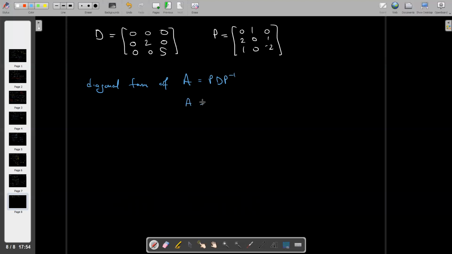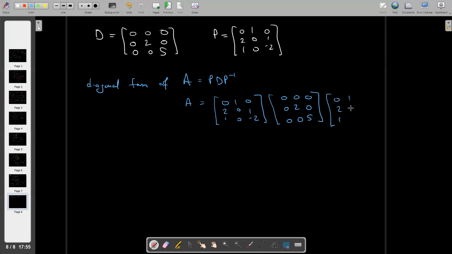So this would be P, which would be 0, 2, 1, 1, 0, 0, 0, 1, negative 2, times D, which is this matrix here, zeros on the top, 0, 2, 0, 0, 0, 5, and then the inverse of that P matrix.